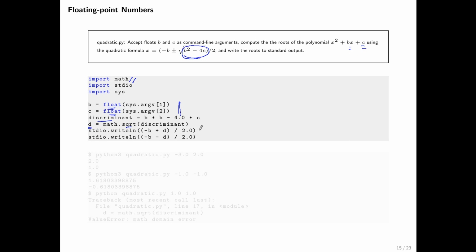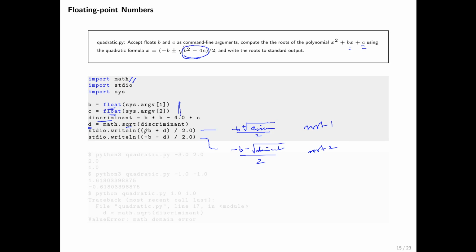Okay, so this part here is minus b plus d, the square root of the discriminant, divided by 2, and this part here is minus b minus the square root of the discriminant divided by 2. That's the other. So this is root 1 and this is root 2. All right. So we simply calculate the two roots and print them out.